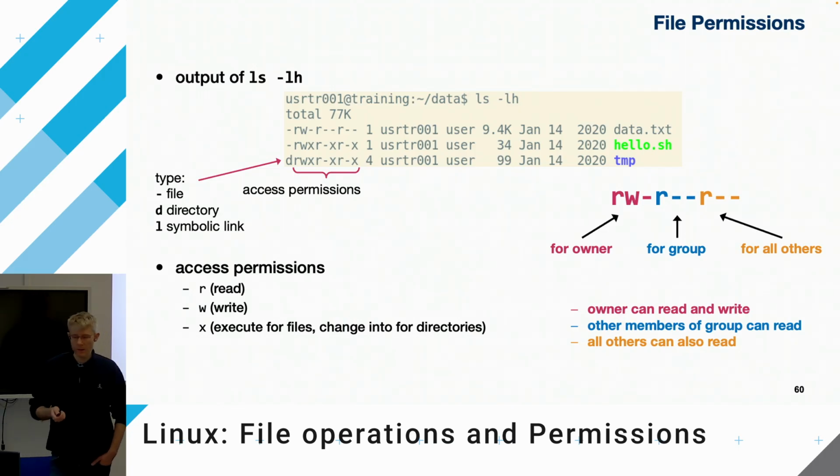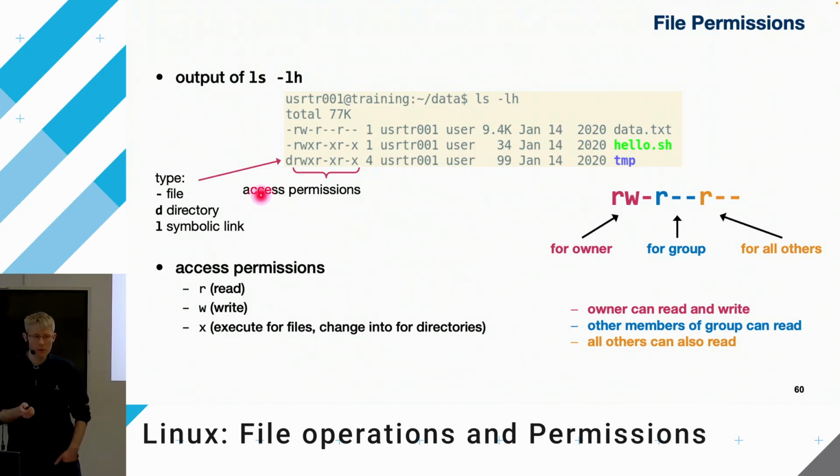Now let's take a look at these access permissions because they're important to understand what you are allowed to do with files and folders. As explained, we have these three groups of three types of permissions. The three types are read, write, and execute for files, or change into for directories.